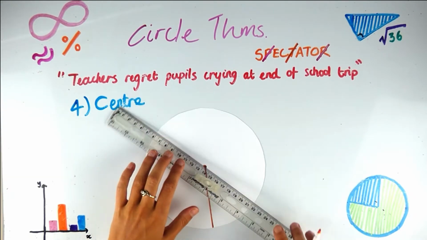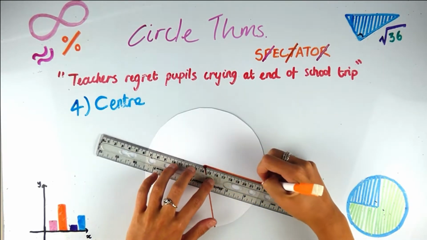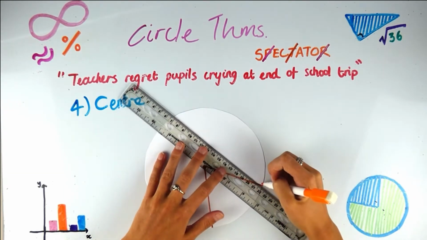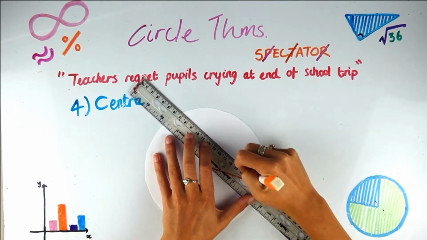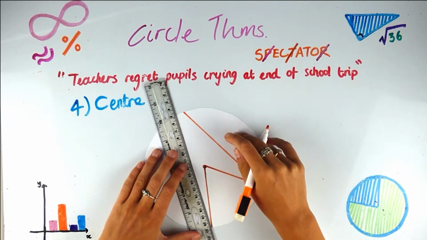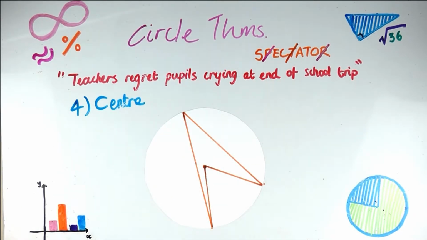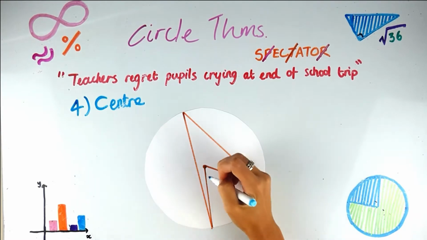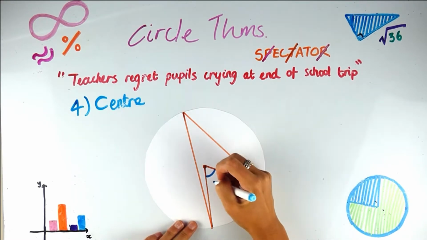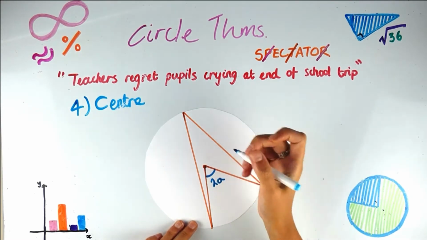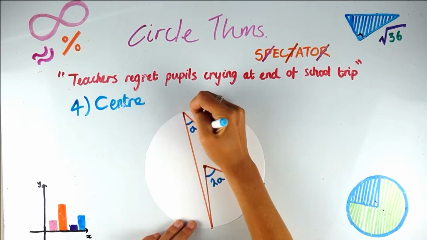So let's say I do this, you have this sort of shape. There. This angle at the centre here is twice as big as this angle here.